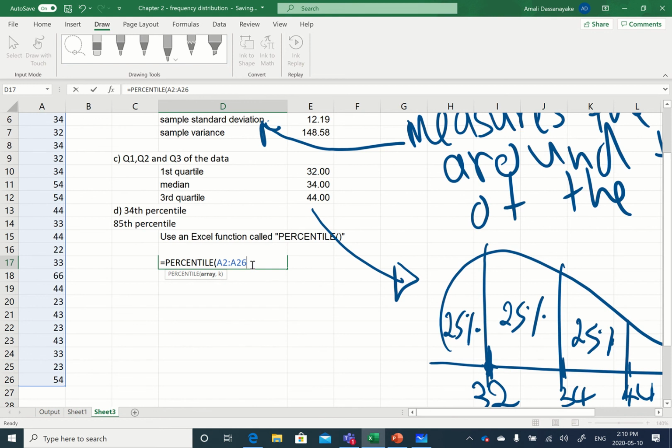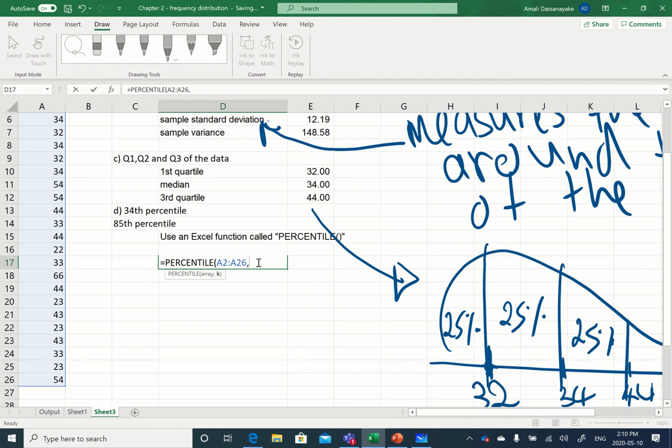Either you can select your data set, or you can look at the cell referencing and type it on your own. You can just type A2 colon A26. That'll do. And then comma. After that, you have to add a comma. And then you have to let Excel know which percentile I am calculating. What is the percentile I need?